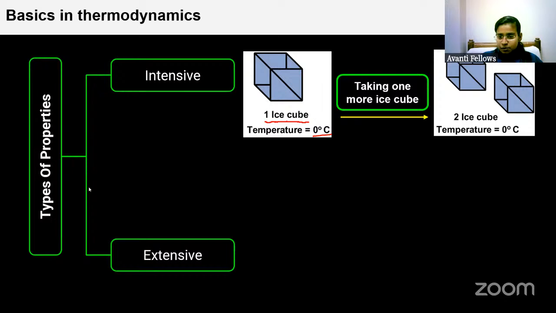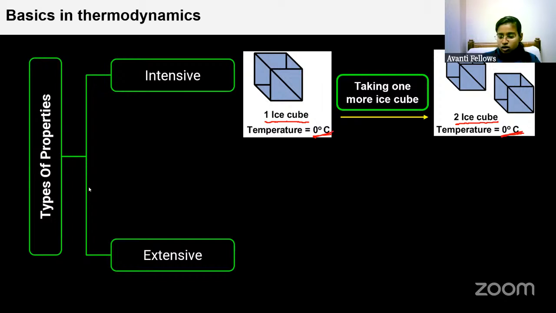If I check the temperature of these two ice cubes, it still remains 0 degrees Celsius. So I have changed the quantity from one ice cube to two, but the temperature property remains the same. So the property which does not change on changing the size of the system is called an intensive property.